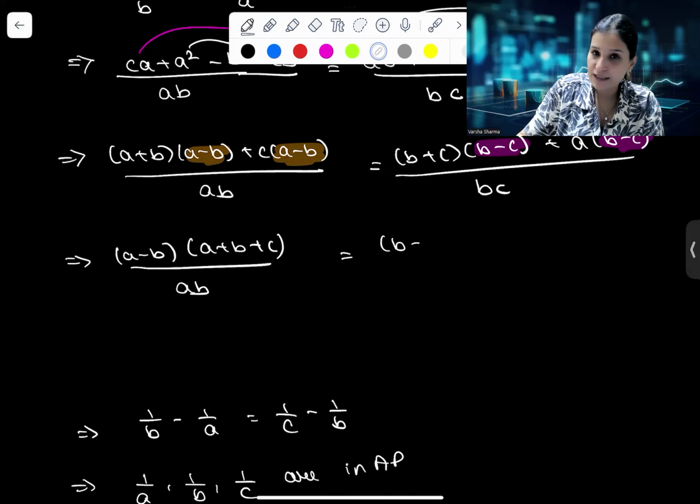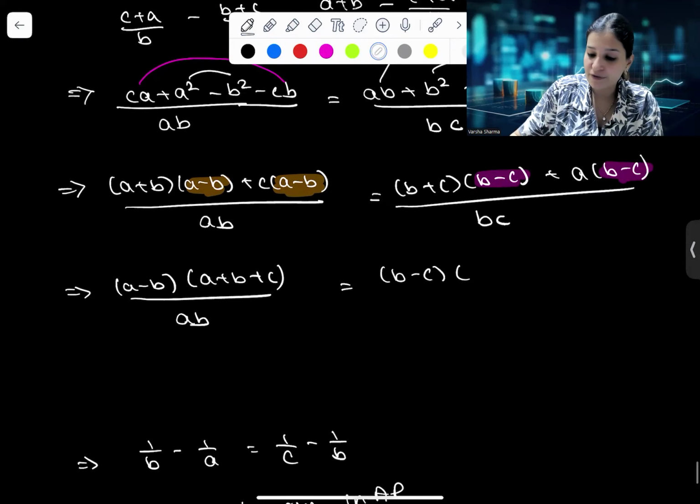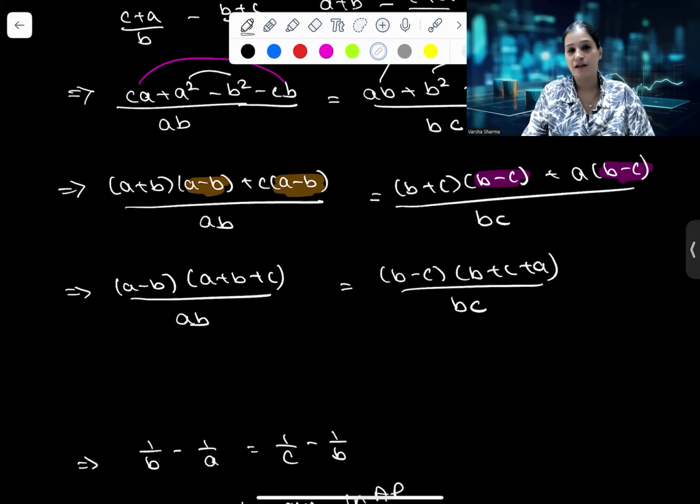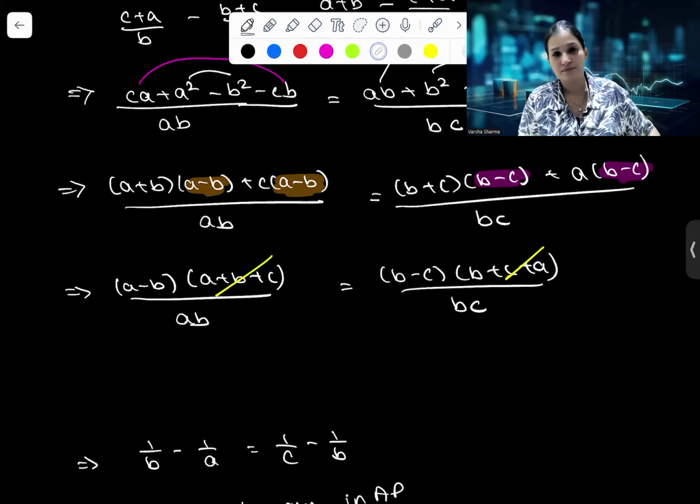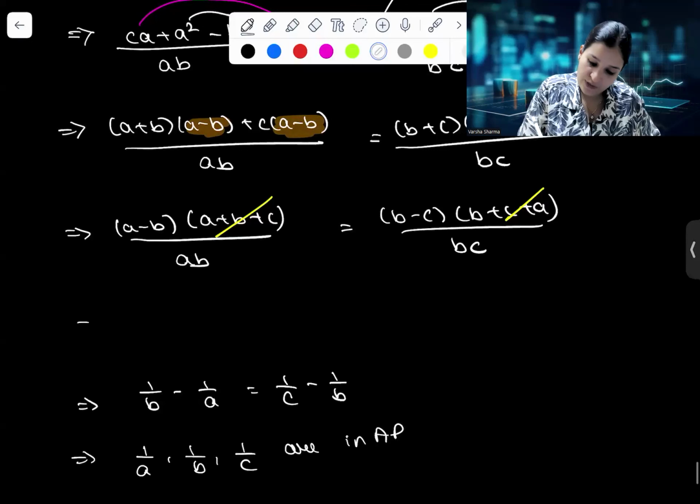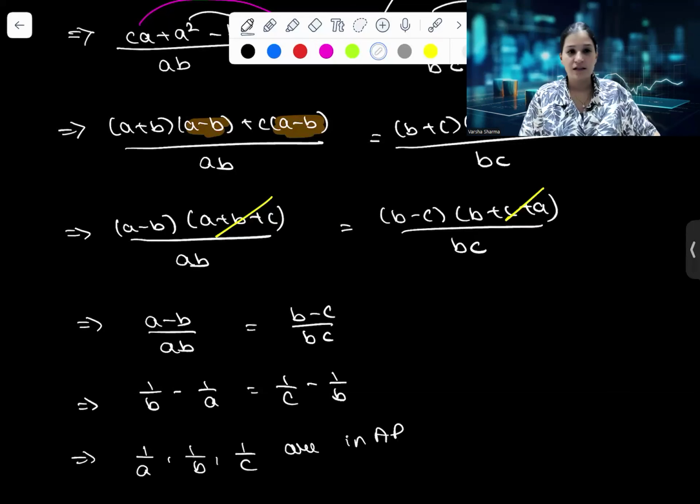Here, taking b minus c common, I'm left with (b plus c plus a) by bc. So from both the sides, we can cancel a plus b plus c, yes? Now we are left with (a minus b) by ab equal to (b minus c) by bc.